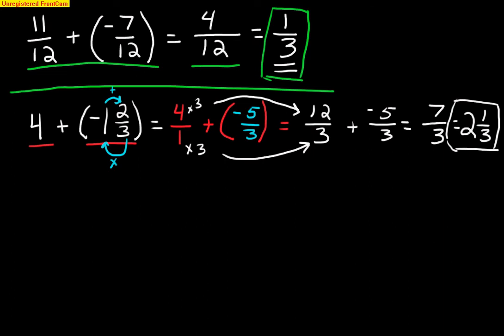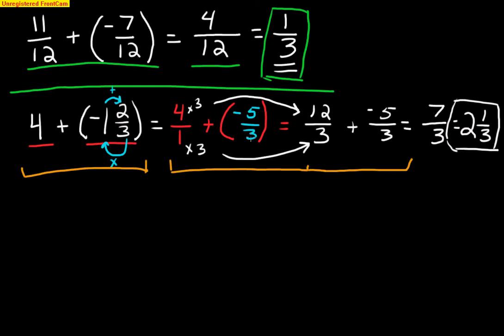So I'll briefly underline, let's use orange, because we started out with 4 plus, and here's your problem, 4 plus a negative 1 and 2/3. So from there, we converted it over to 4 over 1 plus negative 5 over 3. We got rid of that mixed number. And then we went one step further here, and we made sure we had the same denominator.